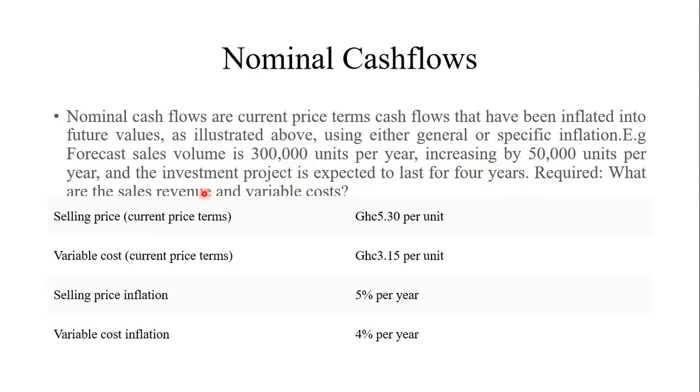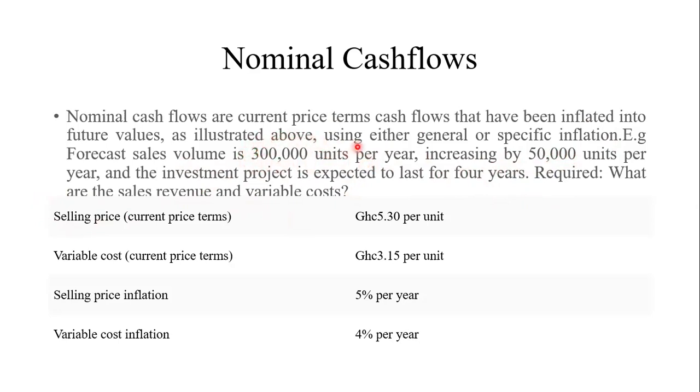Required: what are the sales revenue and variable cost? So here we are given sales volume, which was 300,000, and we are told that it's going to increase by 50,000 per year for the next 4 years.